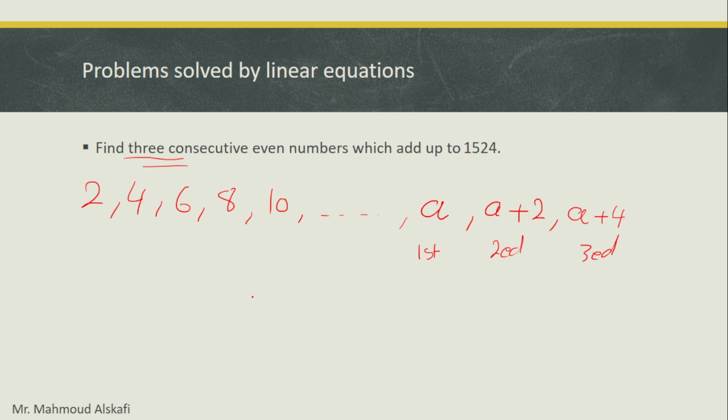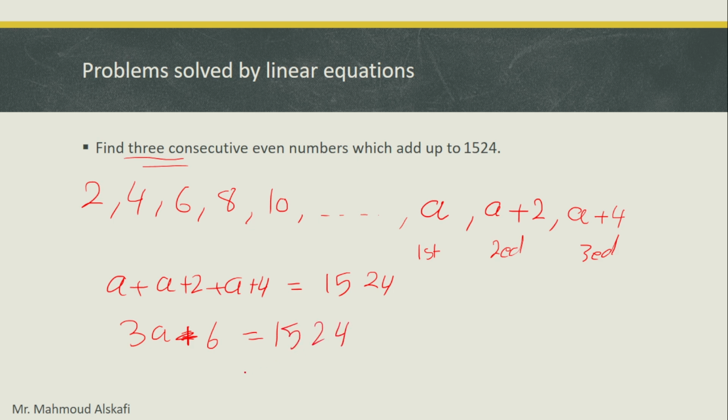1524. So first thing, A plus A plus 2 plus A plus 4 equals 1524. Okay, that gives us 3A plus 6 equals 1524.